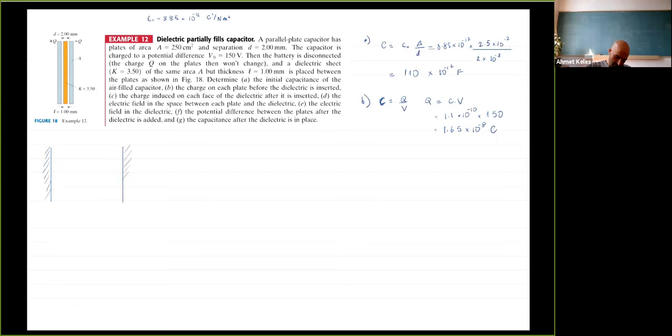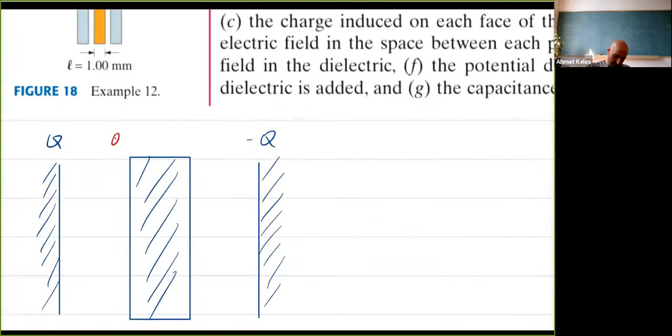This is the other, and we have some dielectric. Initially there's Q here, minus Q here. And after it's inserted, I have some Q induced. This is minus Q induced and this is plus Q induced.